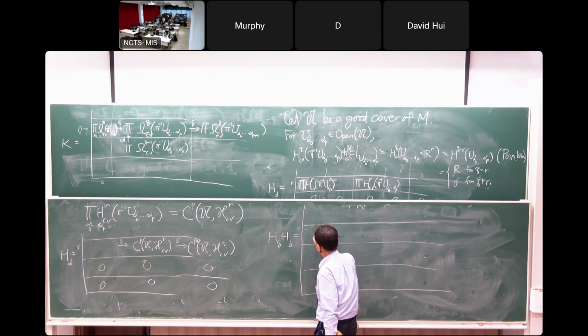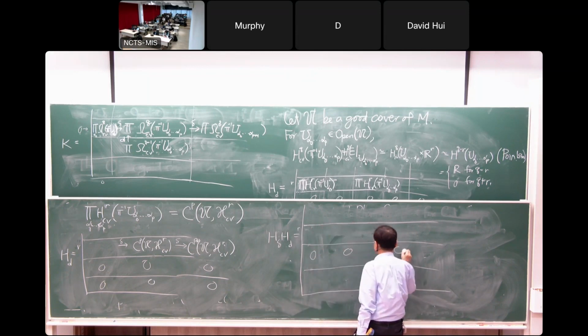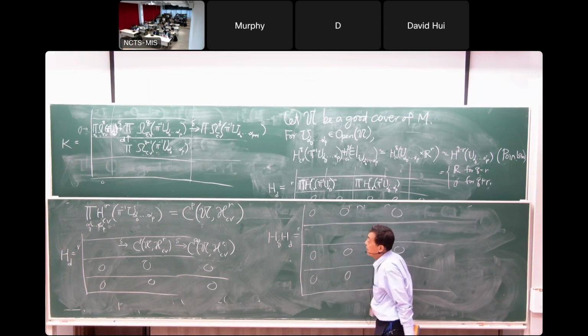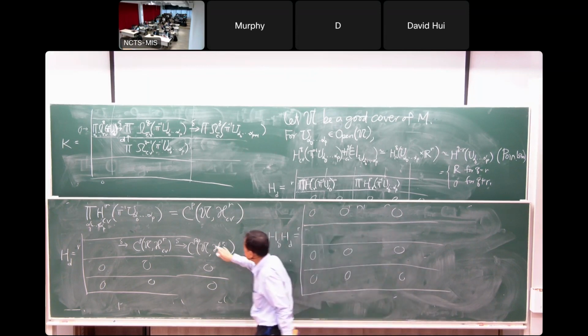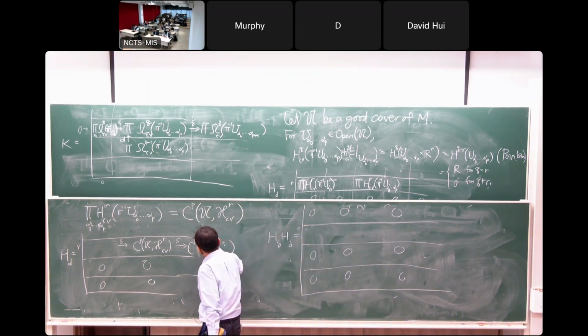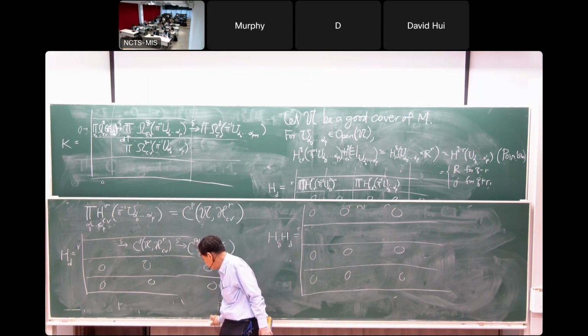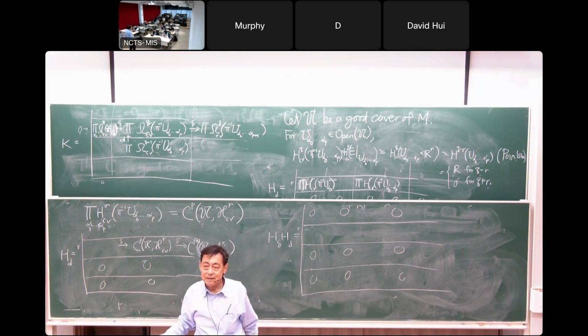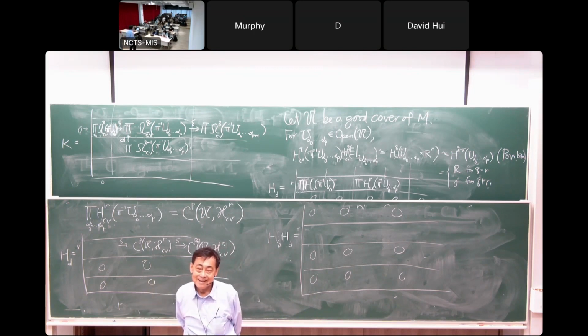Obviously, it's going to be 0 everywhere, except in the rth row. And what do you get in the rth row? Well, I think maybe I'll let you think about it over the break. Okay, so let's take a break for 10 minutes and you tell me what you get after the break.